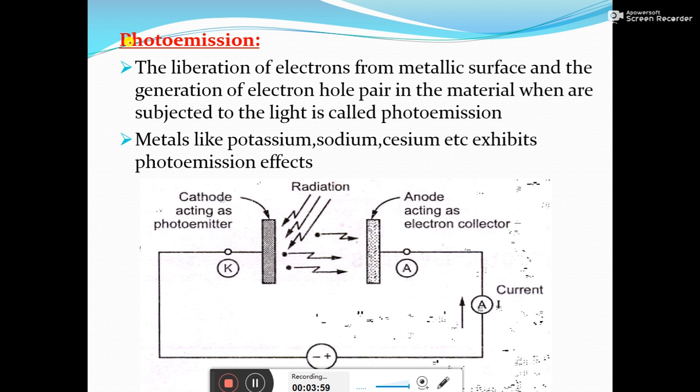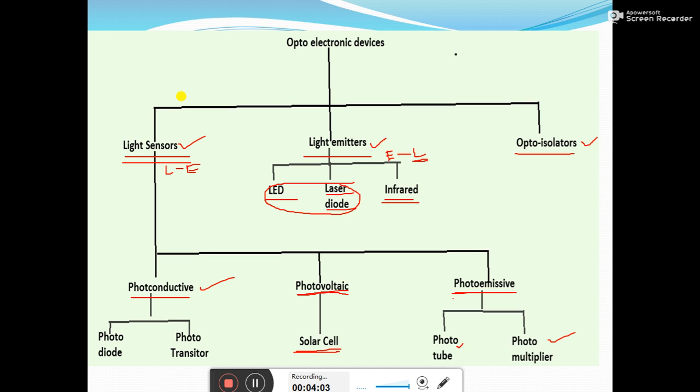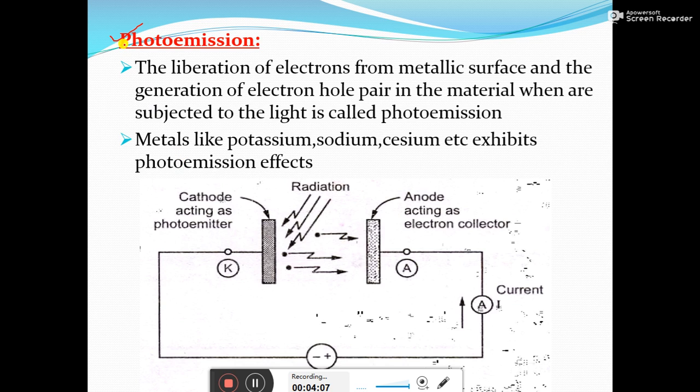Let's see the first light sensor category, which works on the principle of photo emission. What is photo emission? Photo emission is the liberation of electrons from a metallic surface and the generation of electron hole pairs in the material whenever they are subjected to light.